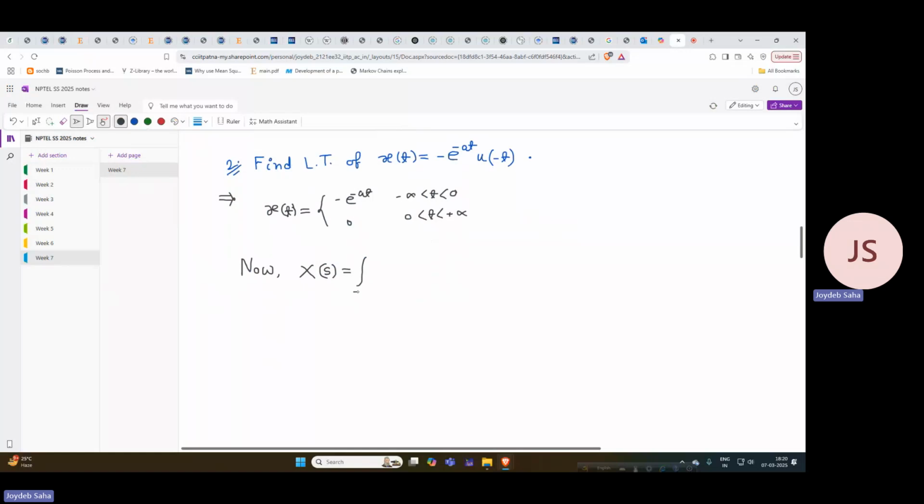It is again the integral from minus infinity to plus infinity of x(t), that is e to the power minus at u of minus t, times e to the power minus st dt. Fine.